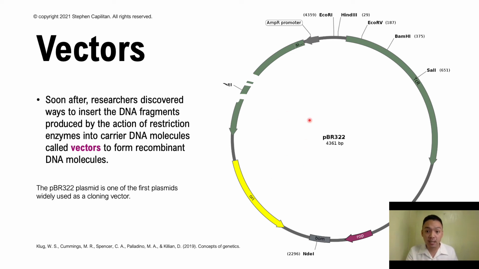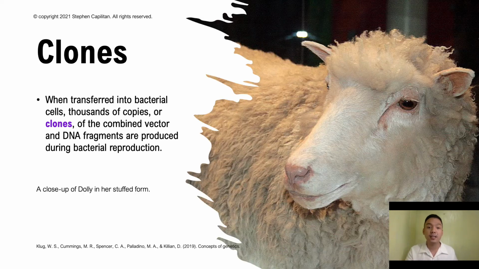This one is your TetR, the tetracycline resistance, AmpR, the ampicillin resistance, and your ORI, or origin of replication. All of these will be discussed in a future presentation.